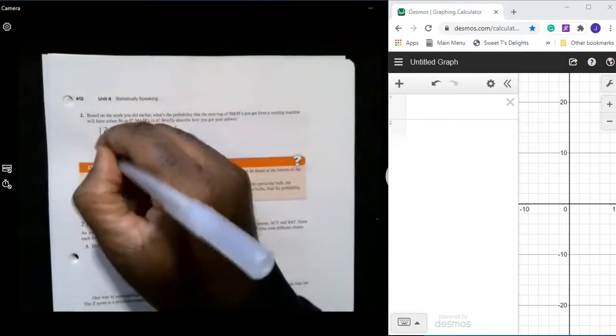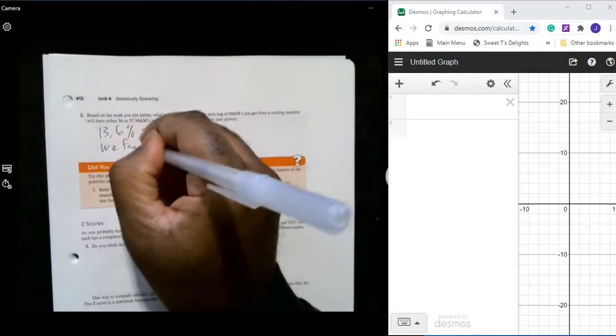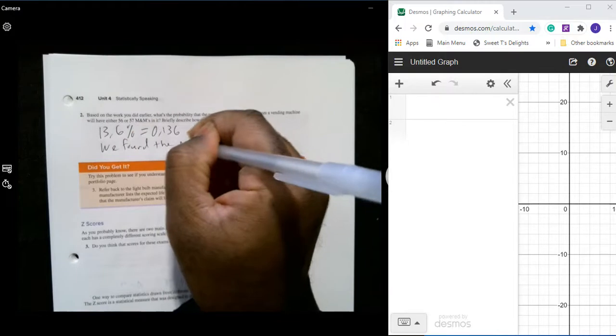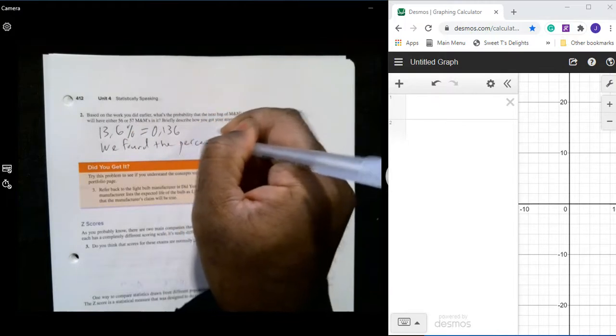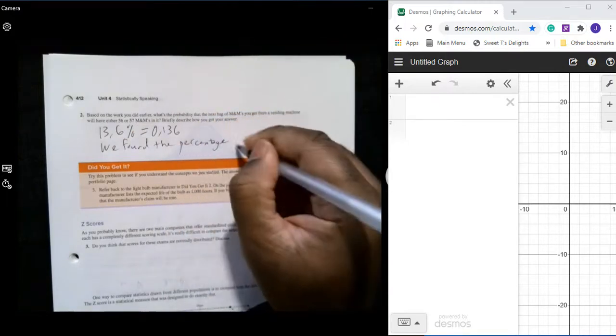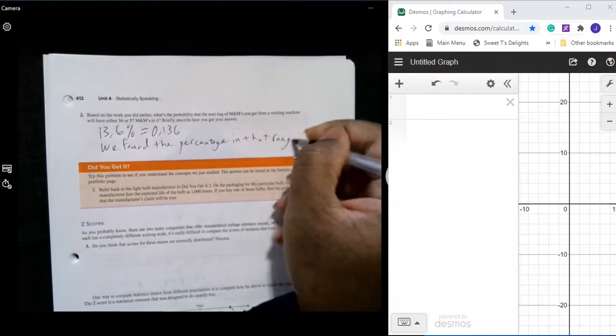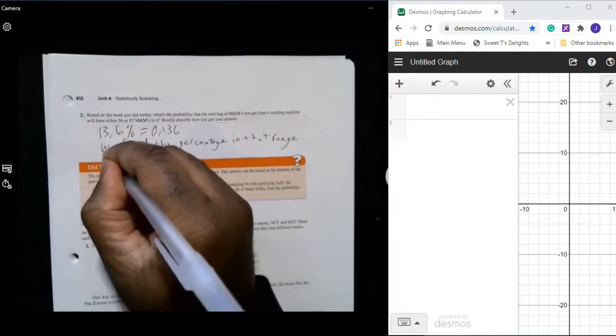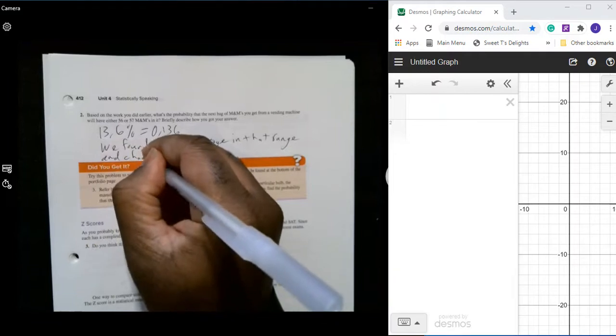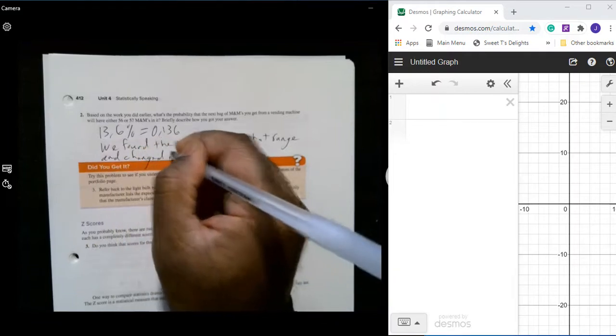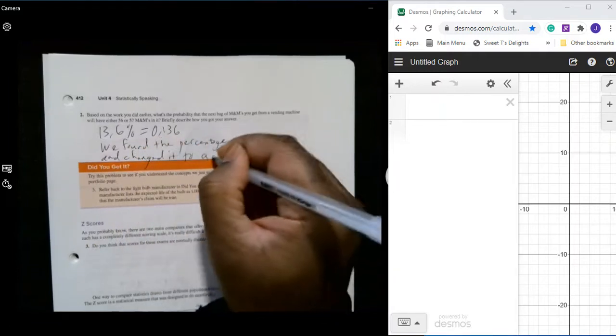So basically we found the percentage in that range and changed it to a decimal.